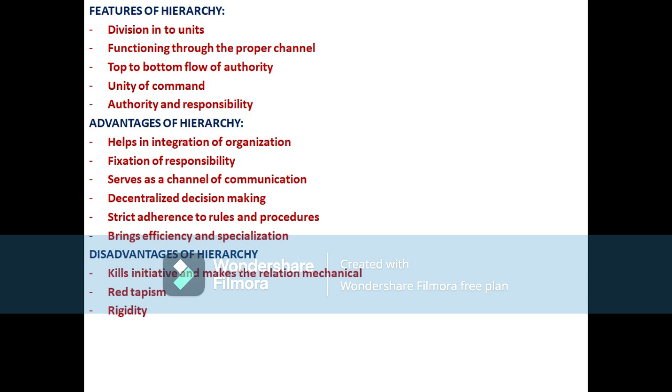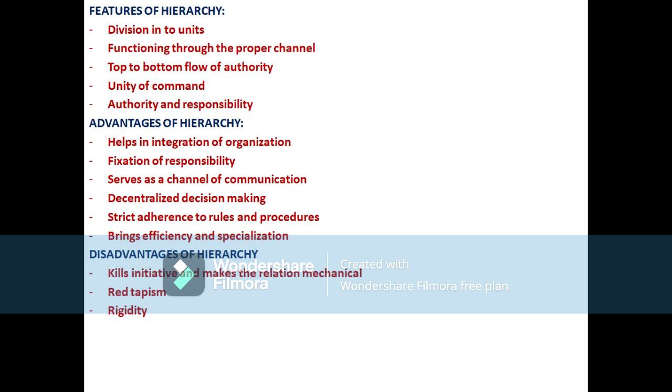Coming to another one, strict adherence to rules and procedures. It establishes a number of subordinate levels below the top executive, which have limited decision making power on specified matters. So this is related to decentralized decision making. And coming to strict adherence to rules and procedures, what does this mean?